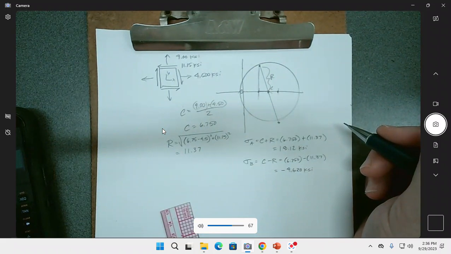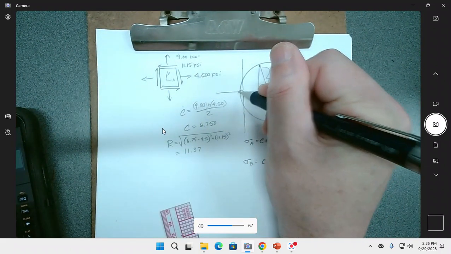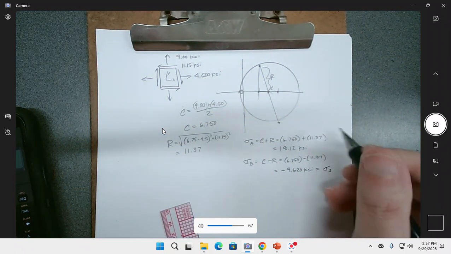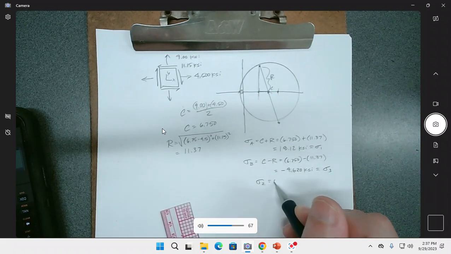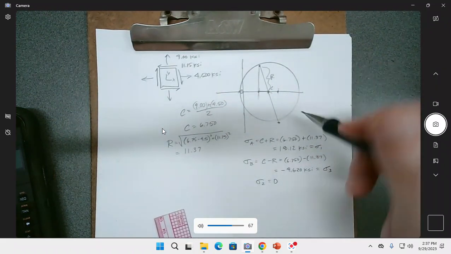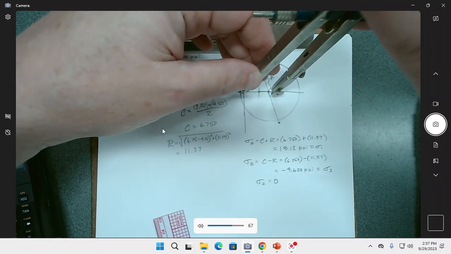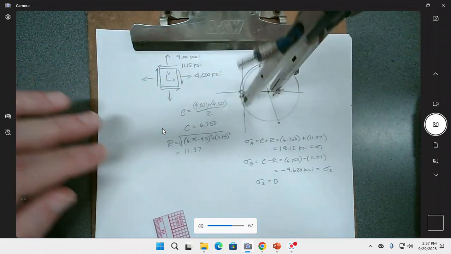That's a Mohr circle. Can you see an itty bitty Mohr circle right there? Because you're going to have this guy is going to be equal to sigma 3. This is going to be equal to sigma 1. Sigma 2 is going to be equal to 0. So you could try your very best. I could try my very best to try to get, ooh, that's actually going to be pretty good right there.